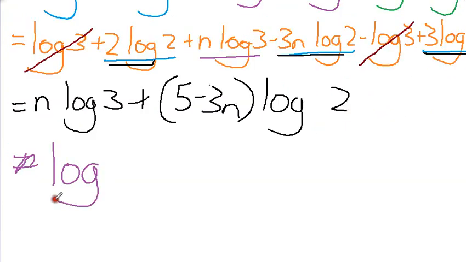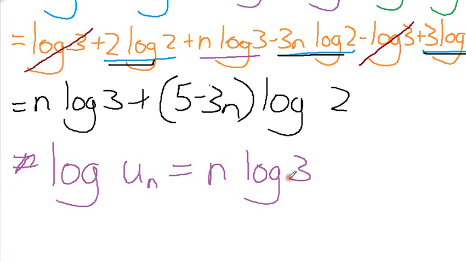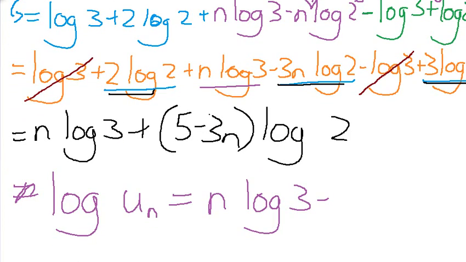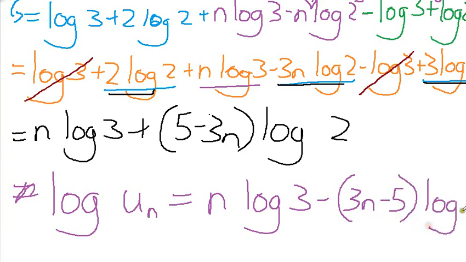So log of u n is then going to be equal to n log 3, and then what was it, minus, yes I think so, minus 3n minus 5 amounts of log 2.